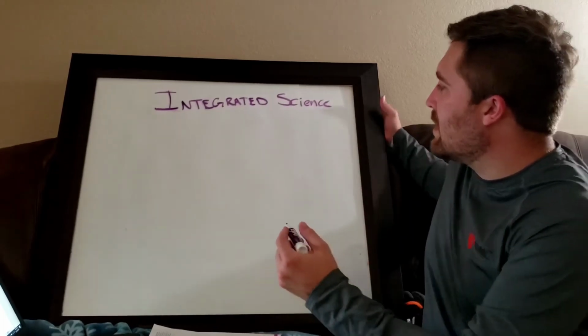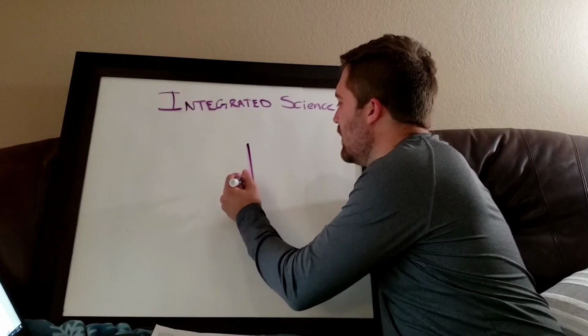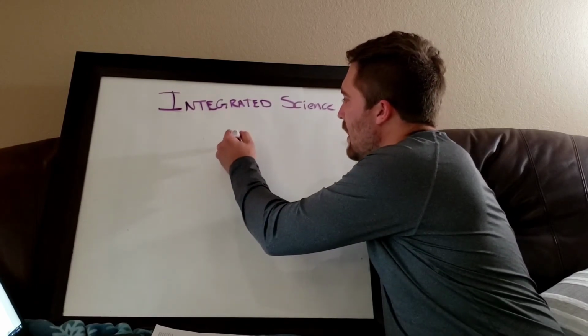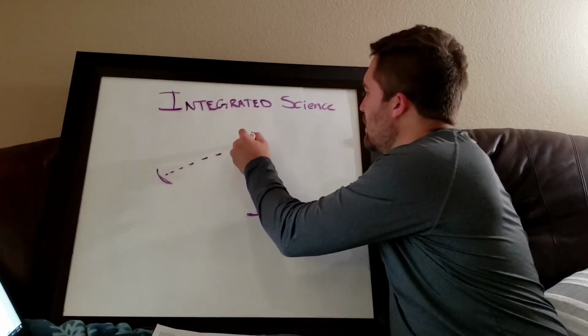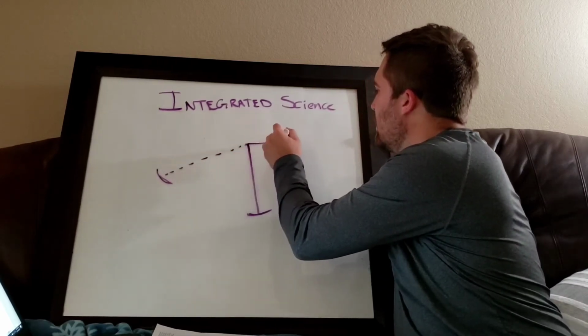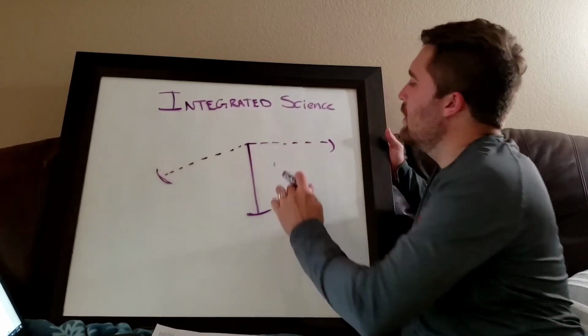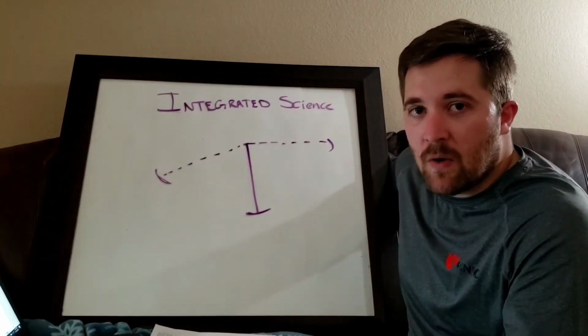So if we're talking about a swing set, and there's a person swinging here, and then they could be up here swinging, and then they could be over here swinging, whatever, okay? Where would their potential energy be greatest?